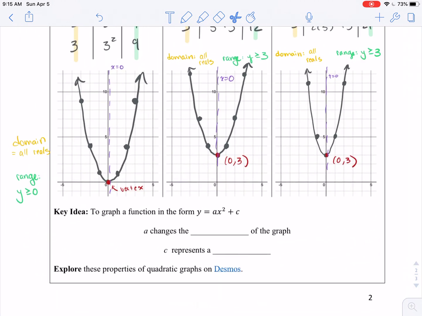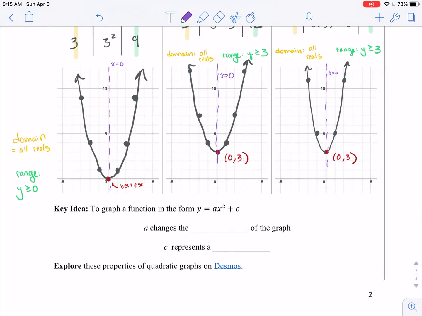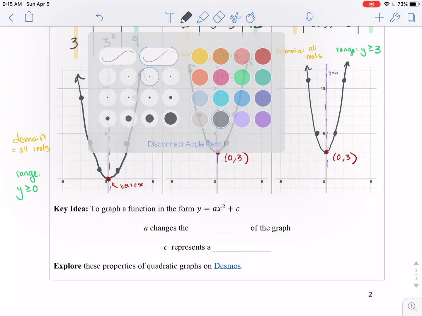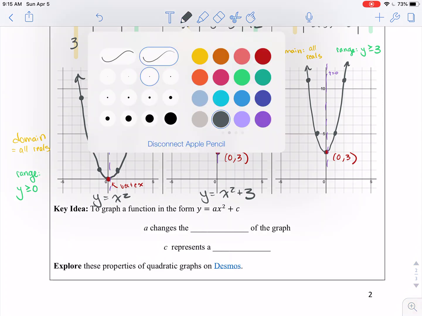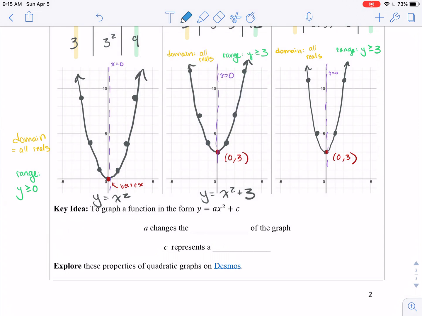So you'll notice from our patterns here, when we started with our parent function, y equals x squared, but then we added a number to that, y equals x squared plus 3, that moved our graph up 3. So C represents a shift up.